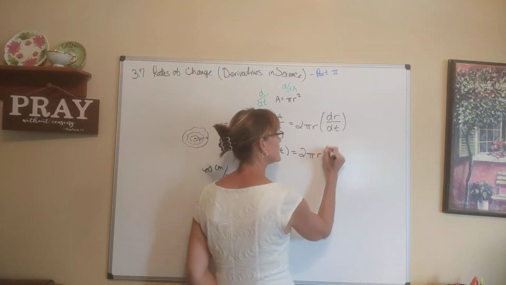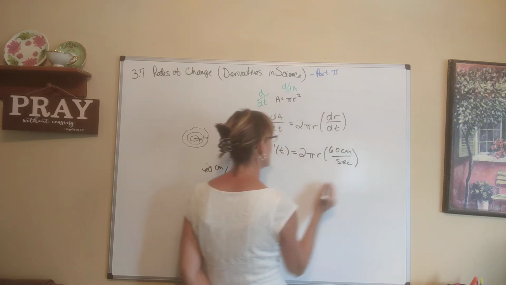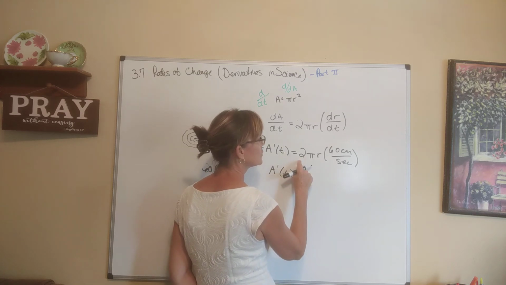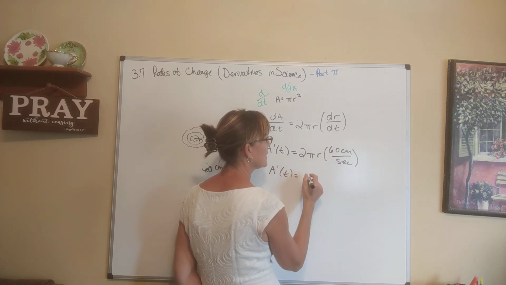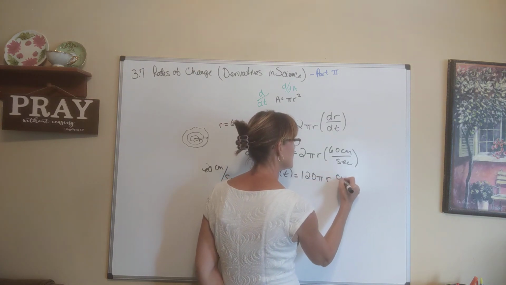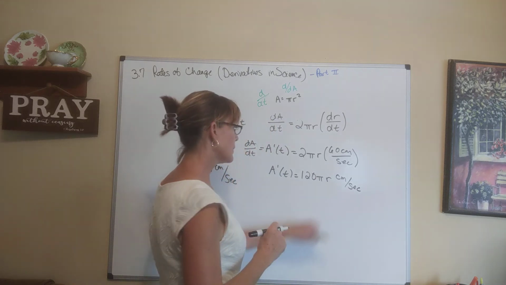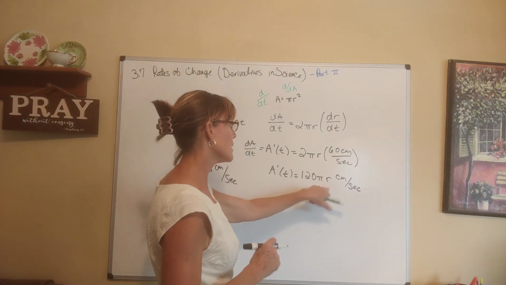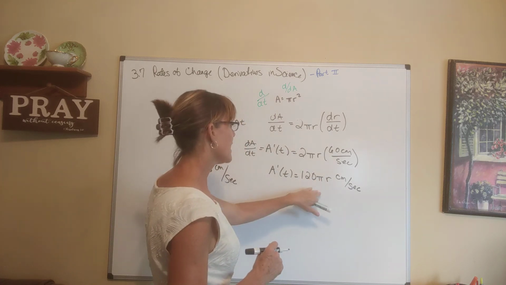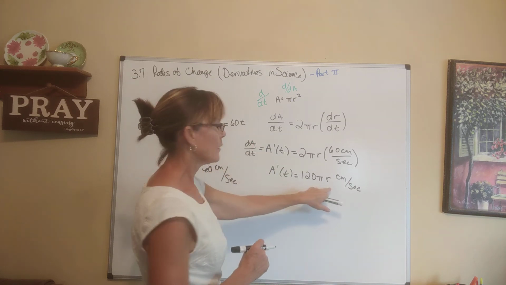So dr/dt is 60 centimeters per second. And so A prime of t is equal to 2 times 60 times pi, which is 120 pi times r centimeters per second. And so we would go in there and figure out what r was at the different times, and then plug that in. At 1 second, r would be 60, and we would plug that in.